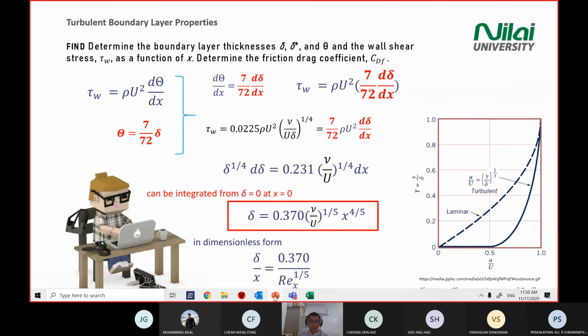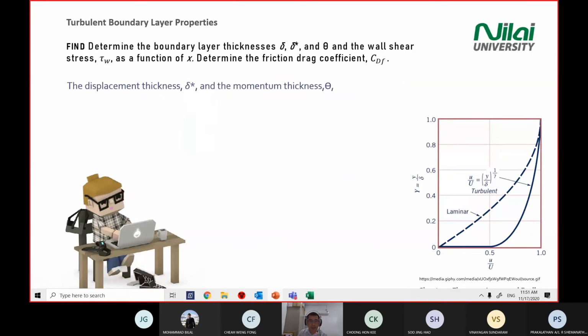You rearrange, you put this equation in the Reynolds number term. So you pull the delta over x, then the rest you rearrange, you get it in terms of Reynolds number.